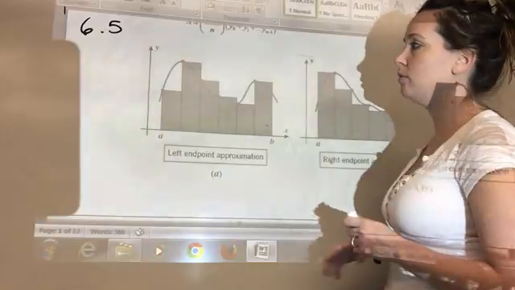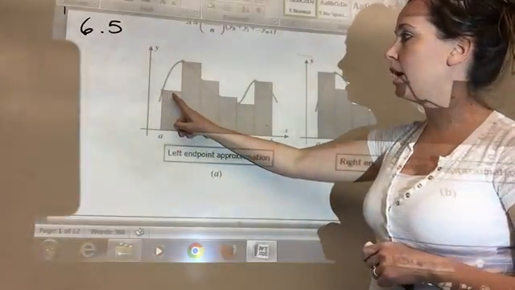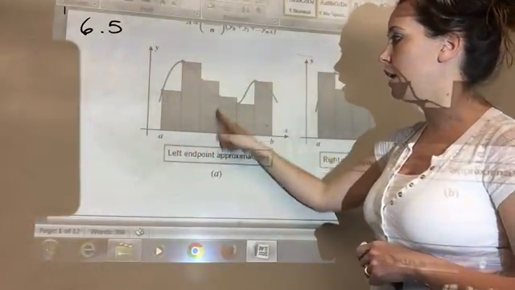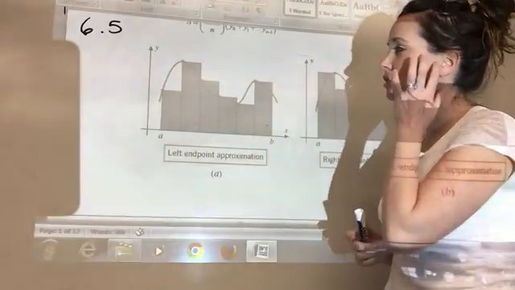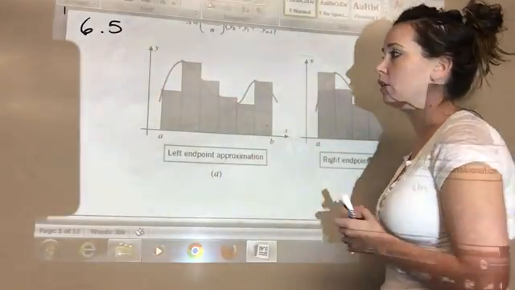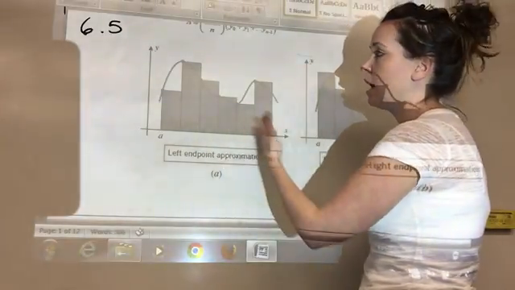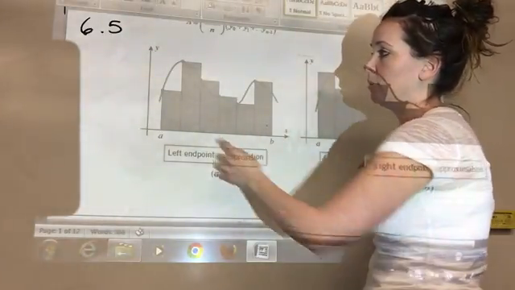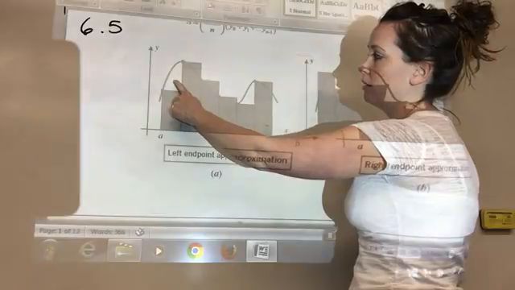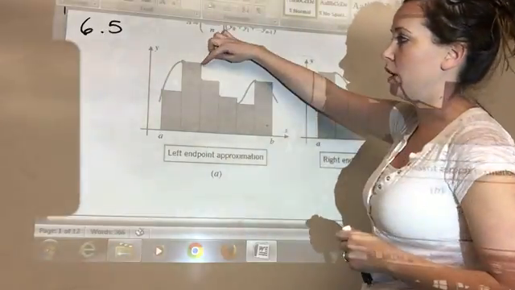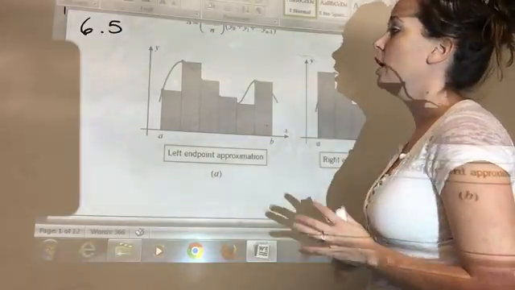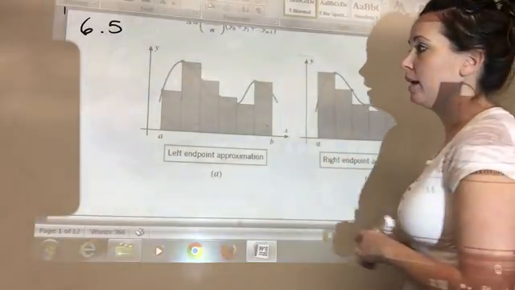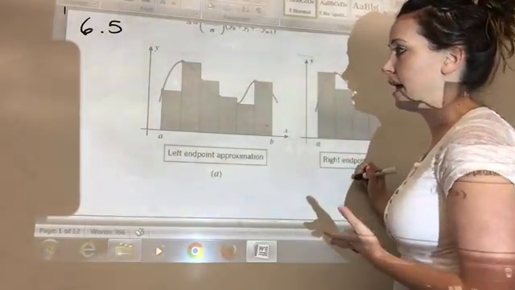You can see what I'm doing is breaking up blocks, some underneath and some above my curve, just to start to approximate the area under the curve. So this is not going to be a precise estimate because here we're missing some space, and over here we'll be overestimating in this portion.